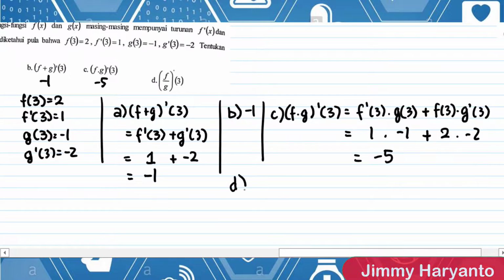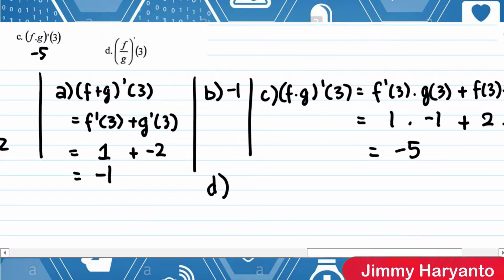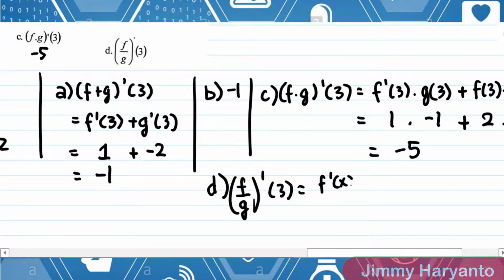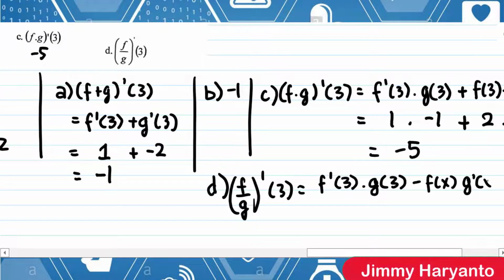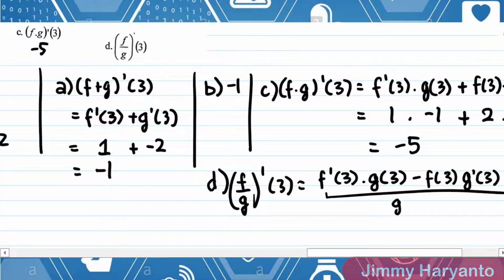Next is d. For number d, we have f over g. We cannot differentiate them one by one, so we have to use the formula (u accent v minus u times v accent) over v squared.